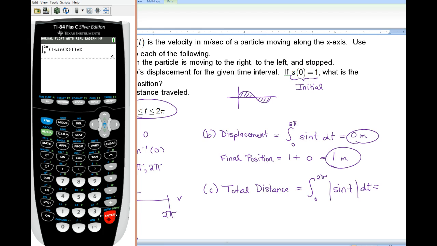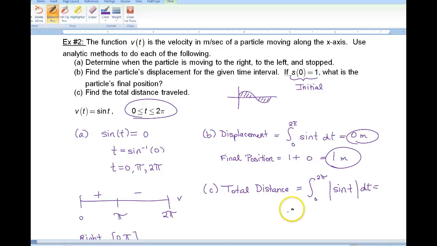Did you put absolute value in by accident? No. For the displacement, I got 0.3. Oops, I didn't mean to do that one. No, it should be, did you put your calculator in degrees or radians? Check radians. Oh, yeah. Okay, so total distance traveled is 4 meters.